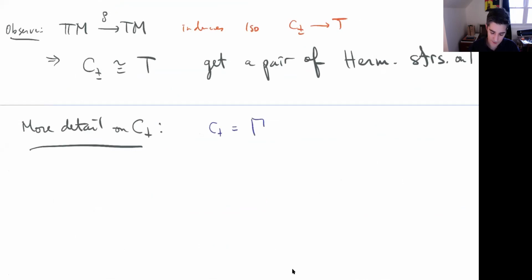It's the graph of a map, theta plus, from T to T star. It's an isomorphism. And any such map, I could write as a symmetric part plus a skew symmetric part.